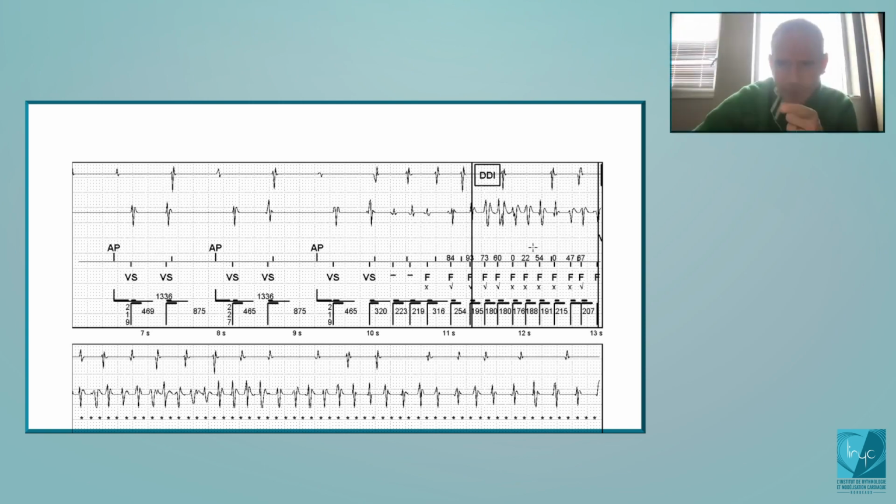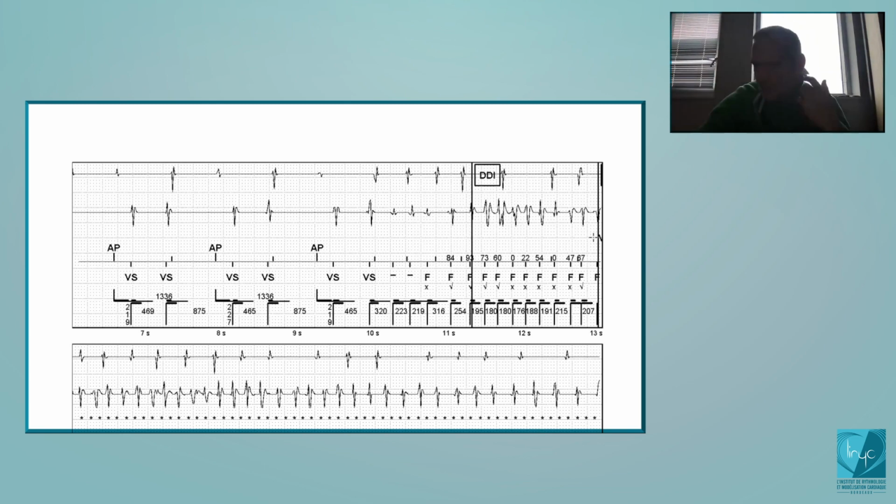So this tracing is quite old. This explains why there are only 12 cycles in the initial detection. You know now that nominally we program at minimum 30 cycles for initial detection. And also, this is an old device, and therefore the discrimination based on the morphology has been considerably modified in the new platforms.